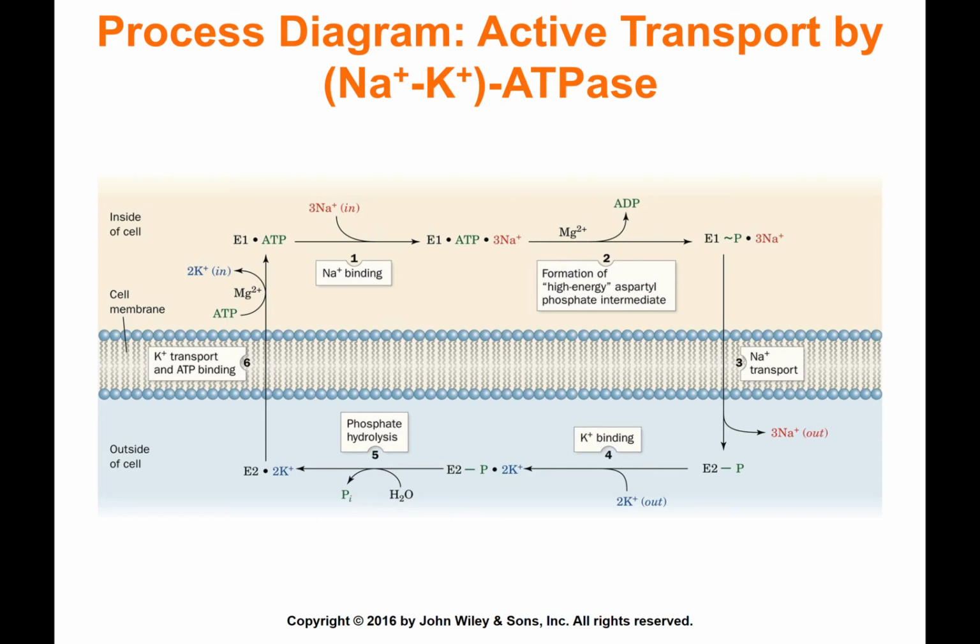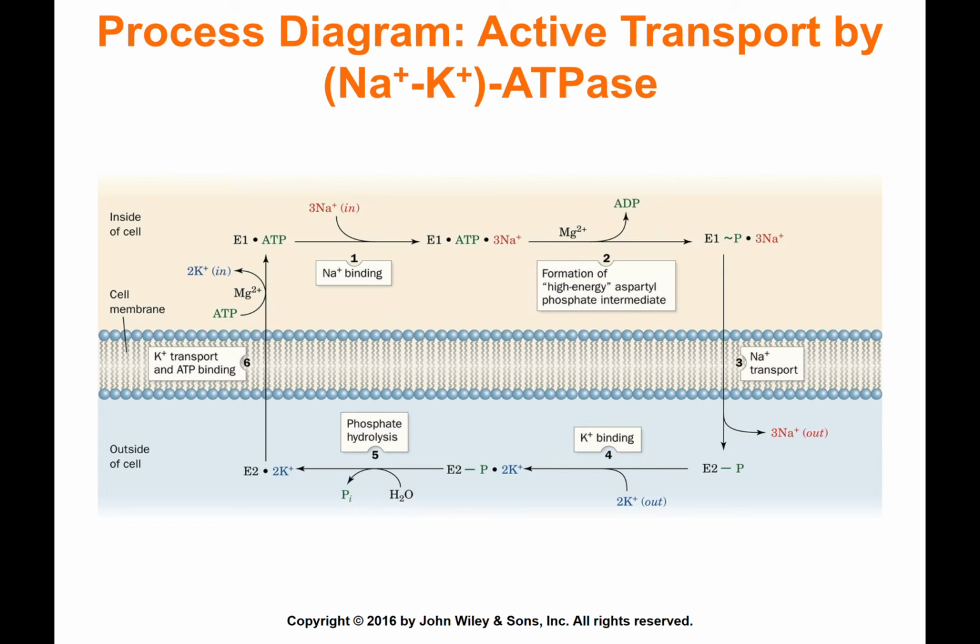What then happens is that the ATP that they can bind will get hydrolyzed, and the residue in the protein will get phosphorylated. This now causes a conformational change where those 3 sodiums that were bound inside of the protein, a door closes on the inside of the membrane of that protein, and a door opens on the outside. So now they are free to diffuse to the outside of the membrane.